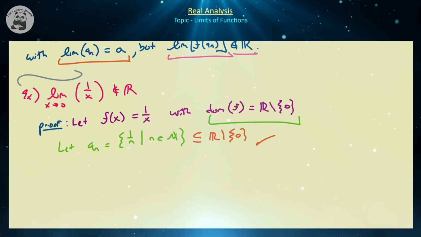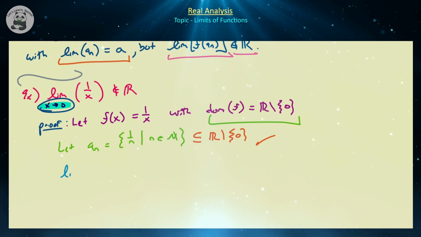Now we need to justify that the limit of this is equal to something. In particular, it needs to be equal to the value that x is approaching, right? So x approaches 0, so 0 must be the limit of this sequence, right?